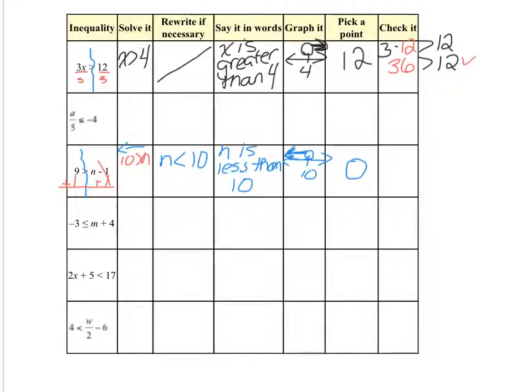Okay, and I'm going to have 9 greater than 0 minus 1. So 9 greater than negative 1. Oh, that's true. Okay, so that's what you have to do for these. So you're going to finish off the rest of these questions right here.